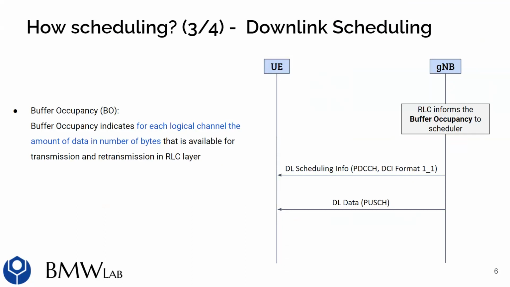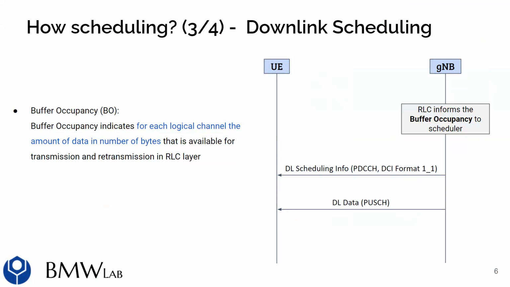After the scheduler gets this information, it can allocate the resource according to the buffer occupancy, and then the scheduler will send when and where the UE can get the resource from the gNB. Actually, when and where to get the resource is carried by the DCI.